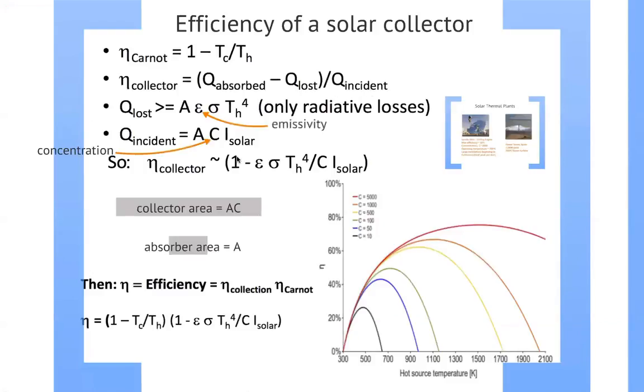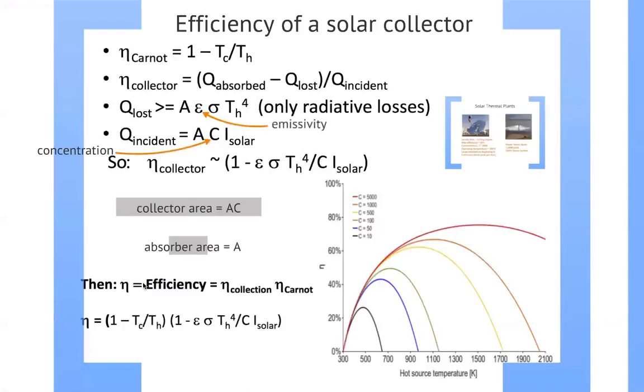So eta collector simply becomes 1 minus Q lost over Q incident, or 1 minus this term here: epsilon sigma T raised to 4, again, this should be C, divided by capital C for concentration, times n solar, which is the incident intensity. Okay, a fairly simple equation. AC is the collector area, A is the absorber area.